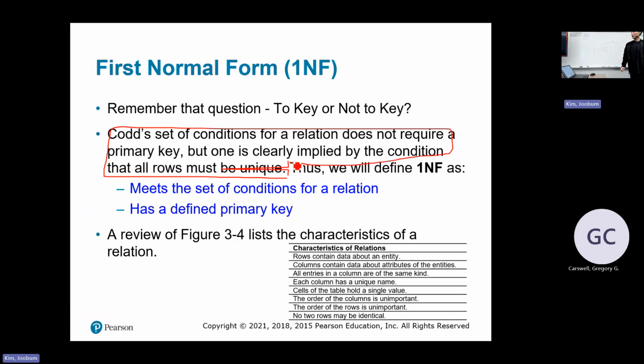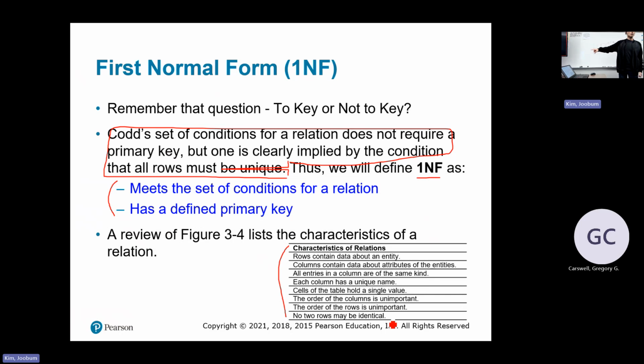But we, the software engineers and database analysts, define the first normal form, which must satisfy two conditions. One is that it meets the set of conditions for a relation. What is that? Remember, there are 8 conditions: rows contain data about an entity, columns contain data about attributes, all entries in a column are the same kind, no two rows may be identical, and so on.